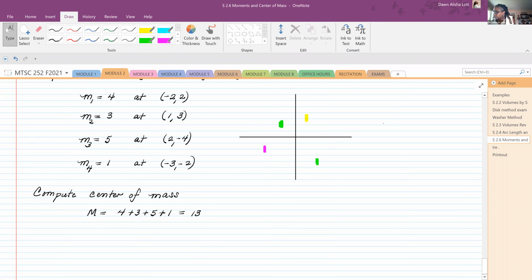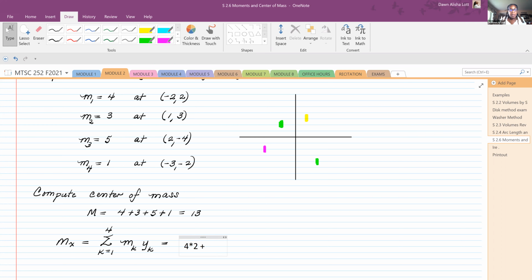And then I need to compute Mx, that's the sum, k equal 1 to 4 of mk times yk. So the first mass is 4, and its y value is 2.